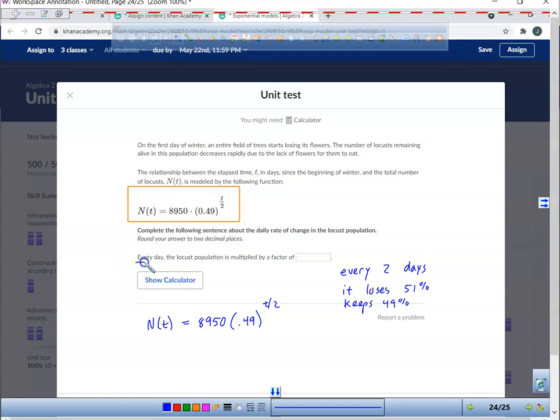But it says what? Every day. What's it multiplied by a factor of? Every 2 days, it's multiplied by a factor of 0.49. Every 2 days, that's the factor. But every day, it's not multiplied by that factor.